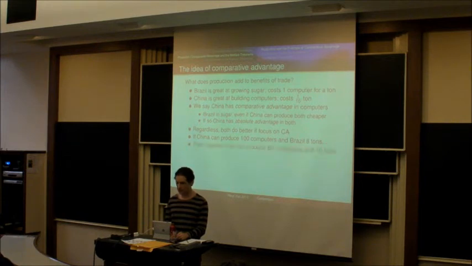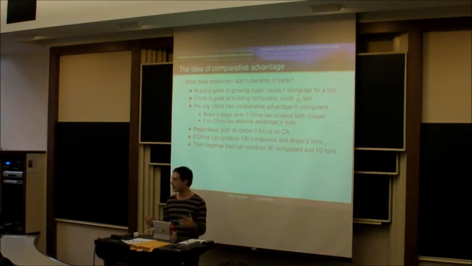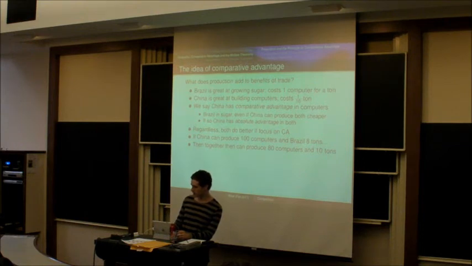But if Brazil focuses on producing sugar and China focuses on producing computers, they could create 80 computers and 10 tons of sugar, which could never be produced by any of the countries doing it on their own, because at most, if China tried to produce things in a proportion 8/10, right?